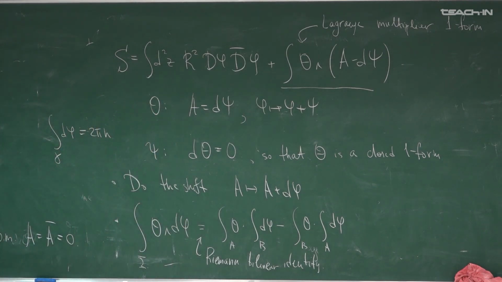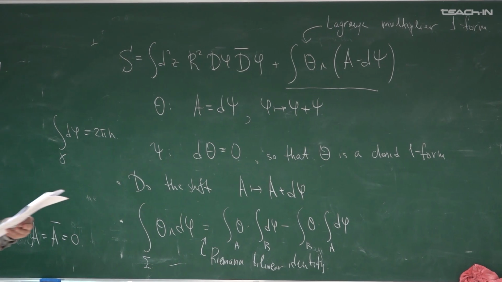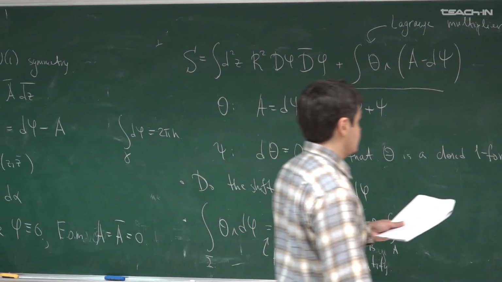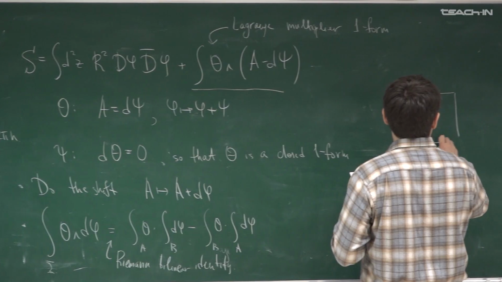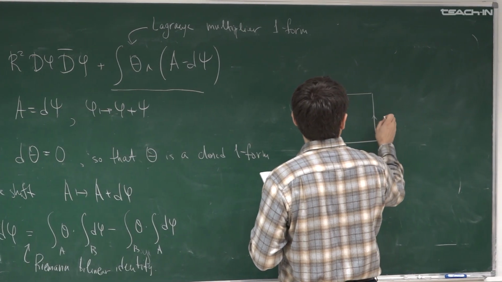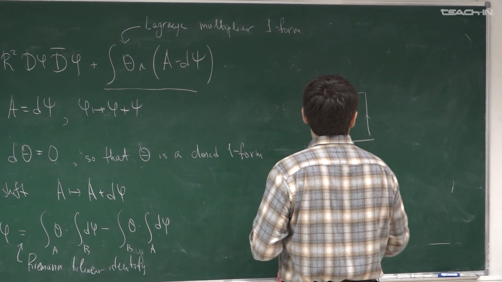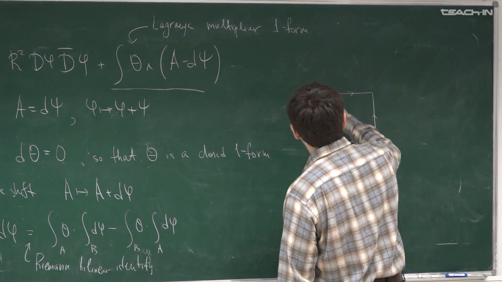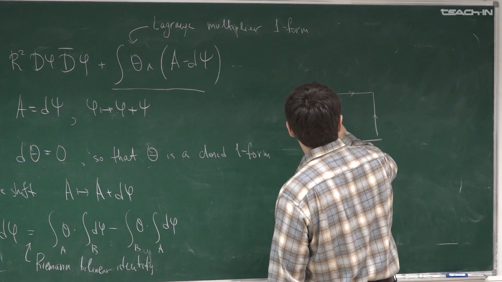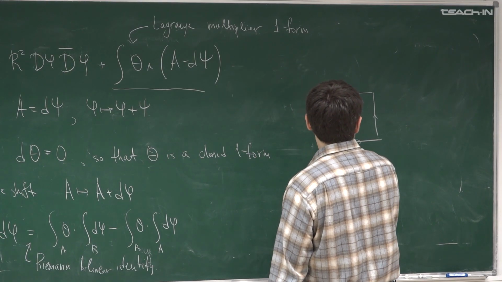So you compute the windings around various cycles. This is valid for an arbitrary Riemann surface. Here we're considering a torus. So the A and B cycles are the two sides of the torus, say this is A and this is B.